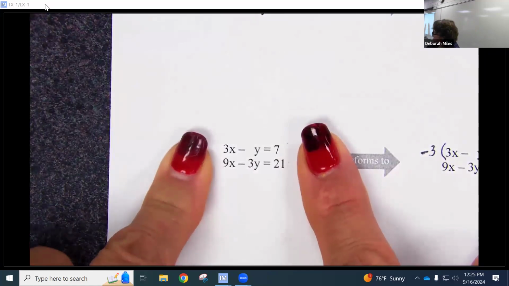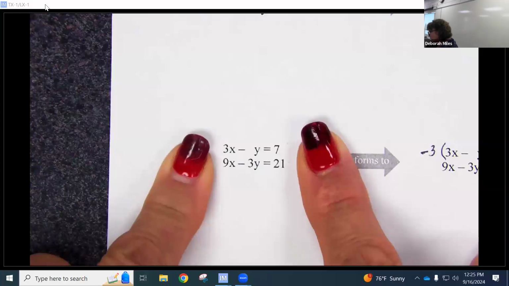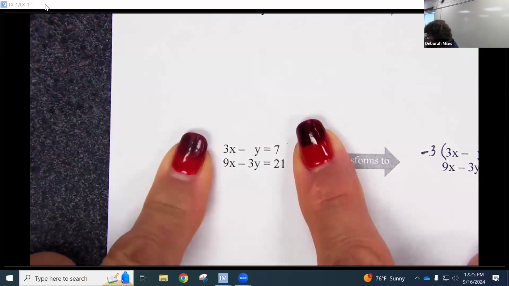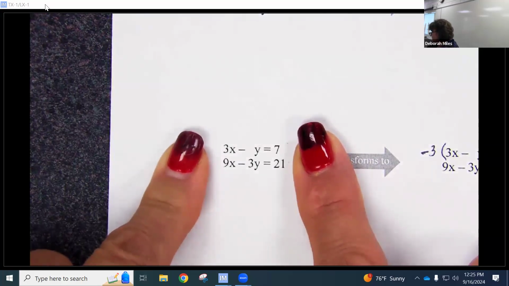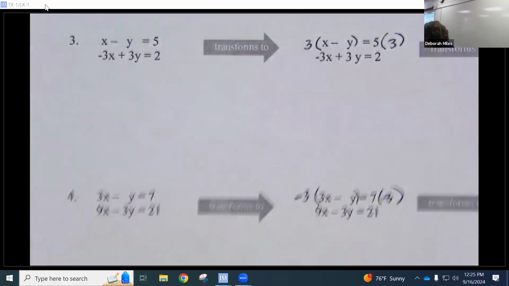And we know that when you take an equation and multiply both sides by 3, you get an equivalent equation. Those two lines are really the same line, one on top of each other. And if they're one on top of each other, how many solutions are there? Infinitely many.